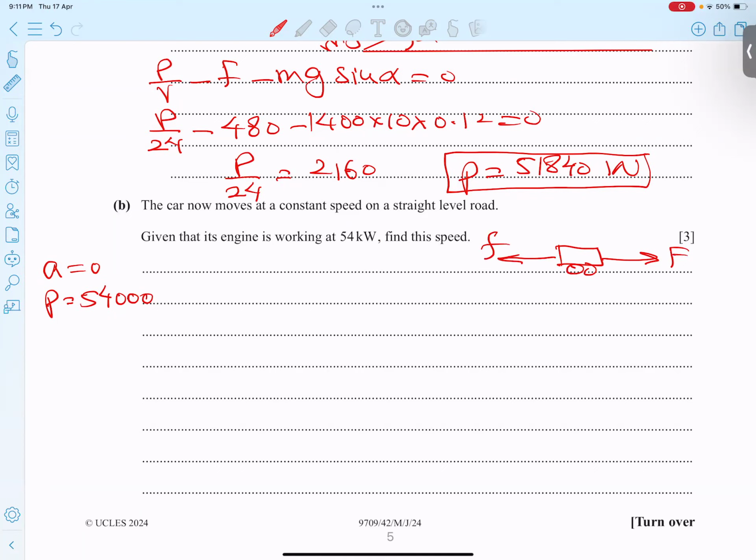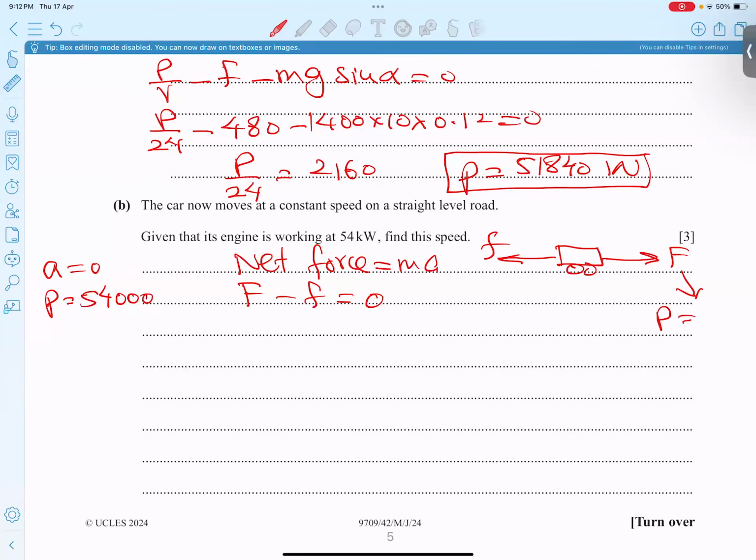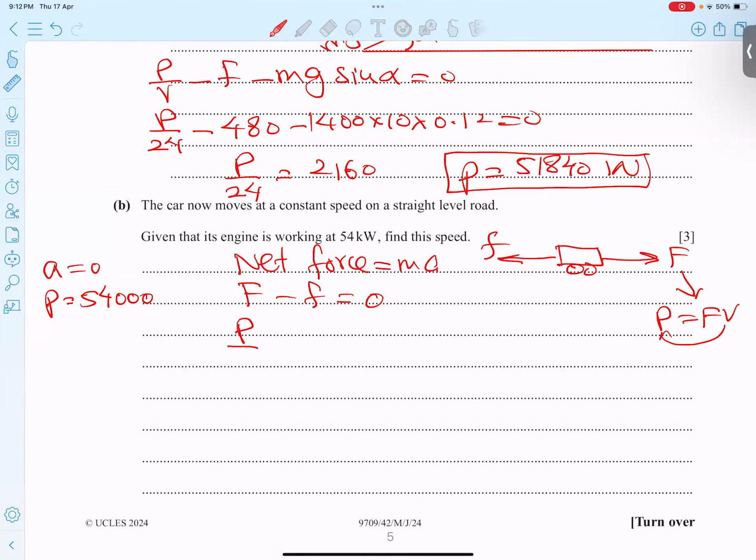And what is the net force formula? Net force is equal to MA. Capital F minus small f is equal to MA. But constant speed, so I will write zero here. This F formula, power is equal to F into V. So V goes down: power by speed equals friction.